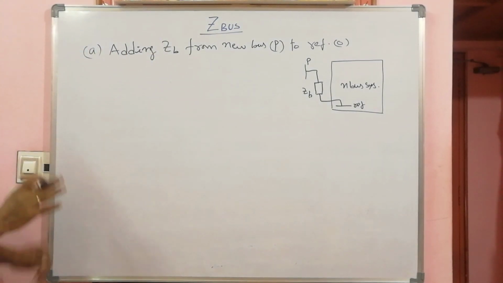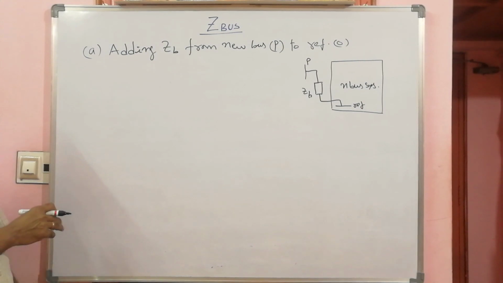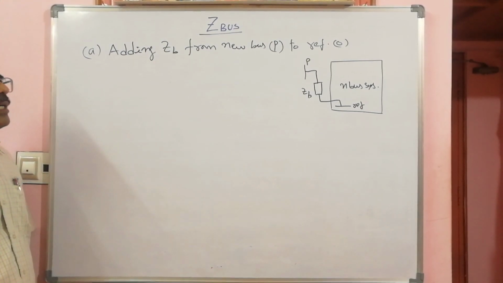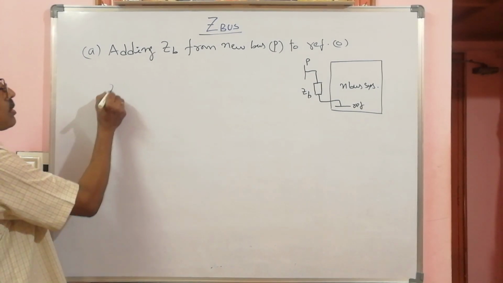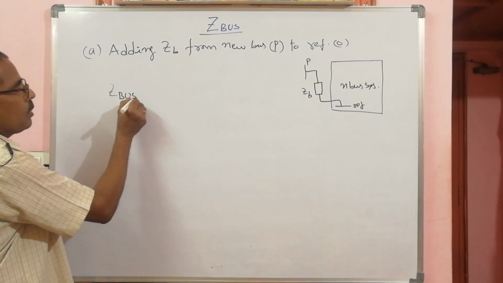Okay. And for this, how to obtain Z bus new?